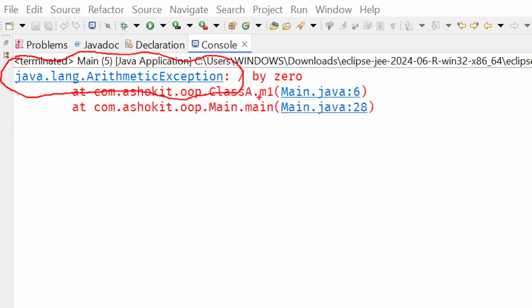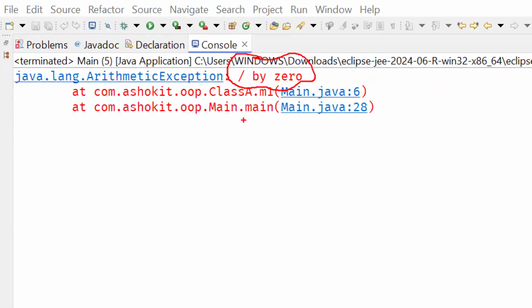What about this, divided by 0? This is called the message, the getMessage. Very good. Understand again.